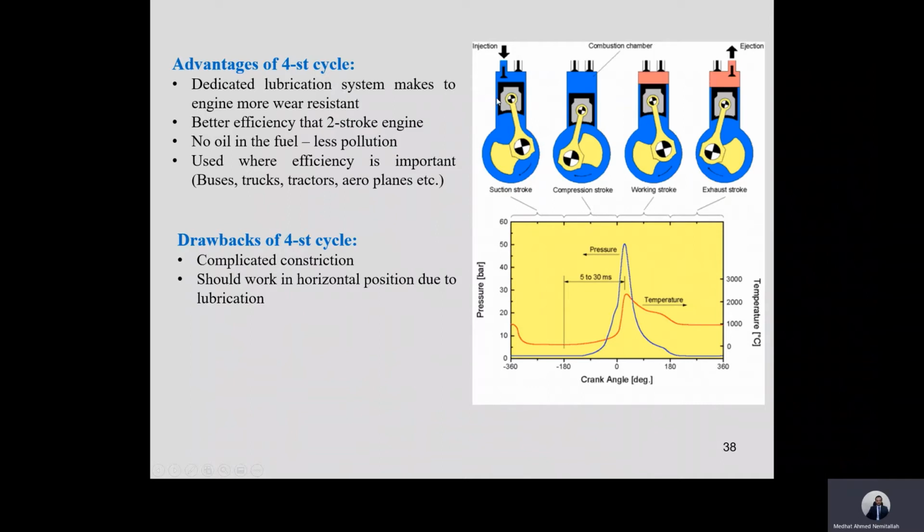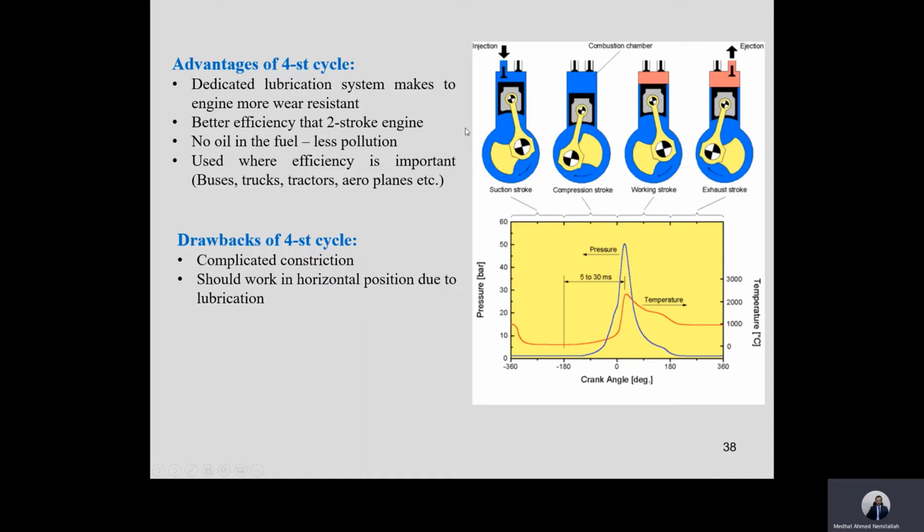And when the inlet fuel plus air are coming in, we also have an overlap period in which both ports are open, opposite to each other, so some fuel is exhausted without burning.